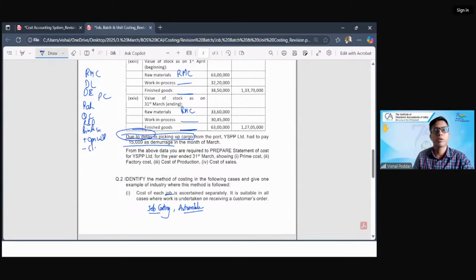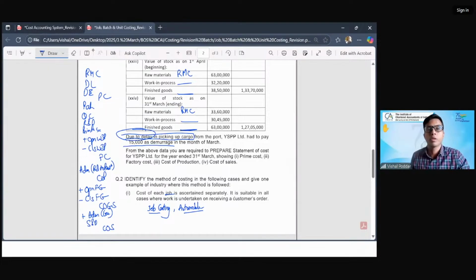Then my administration related to production. This will be my cost of production. Add opening FG, less closing FG. This is my cost of goods sold. And then adding administration general and S&D. This is my COS. So this will be the flow of your cost sheet. And this is how you will determine these main heads which have been asked in the question.